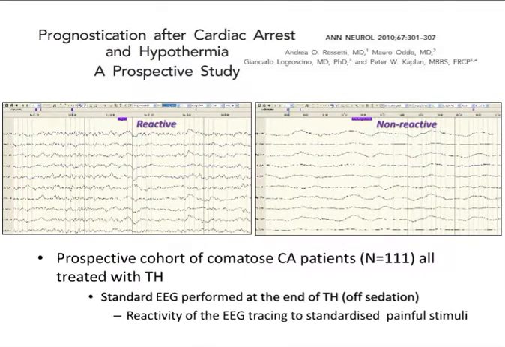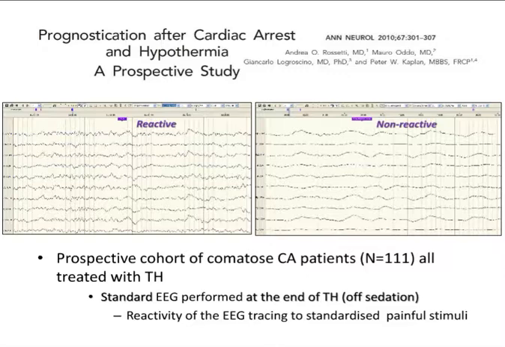And to conclude, because of the time running, and just to summarize briefly, we and others used this approach, and we checked changes in the EEG reactivity. So we apply a standardized painful stimulation, and you see whether the EEG reacts or not.